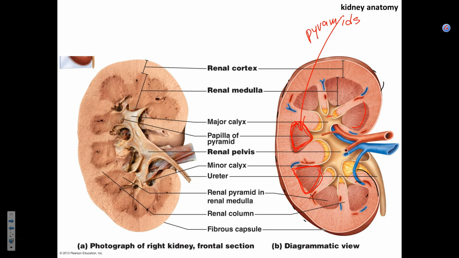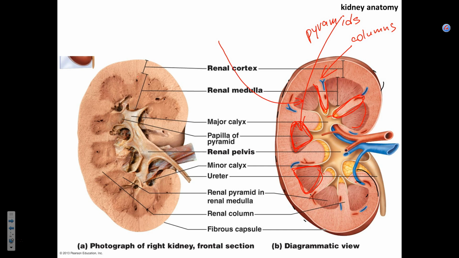The elongated extensions of the cortex are called renal columns. Essentially, the function of the renal pyramids is to produce filtrate.